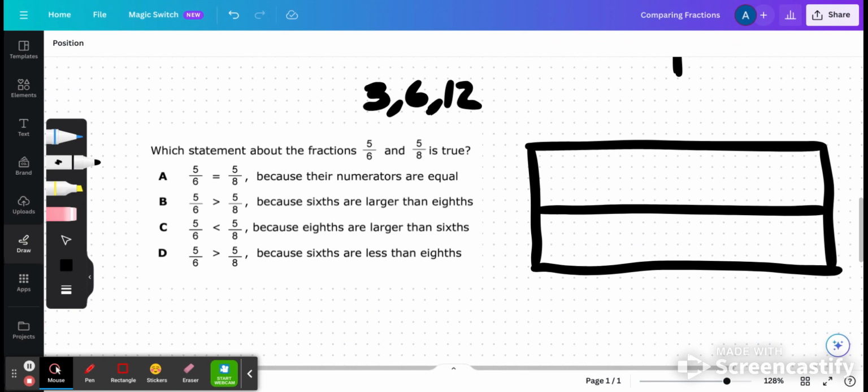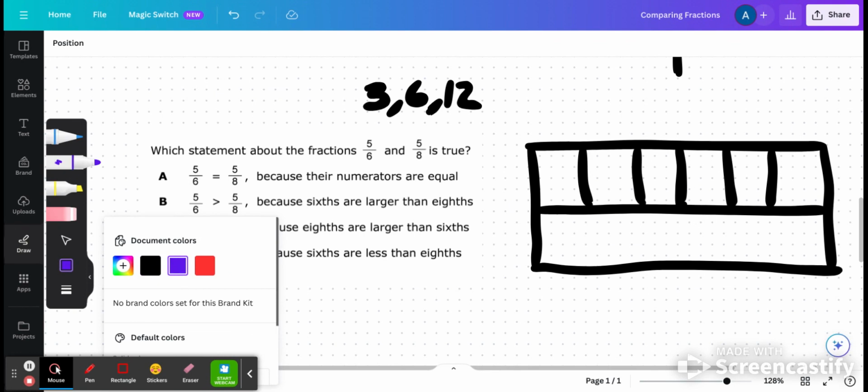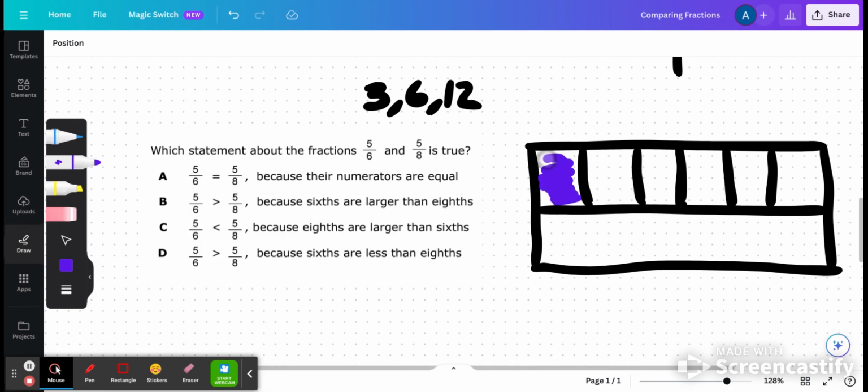And before we can do 6, we have to do thirds. So we're going to divide it into 3 equal parts, and then we're going to cut those 3 parts in half. And then we're going to shade in 5 of them. Numerator tells us to shade in 5.